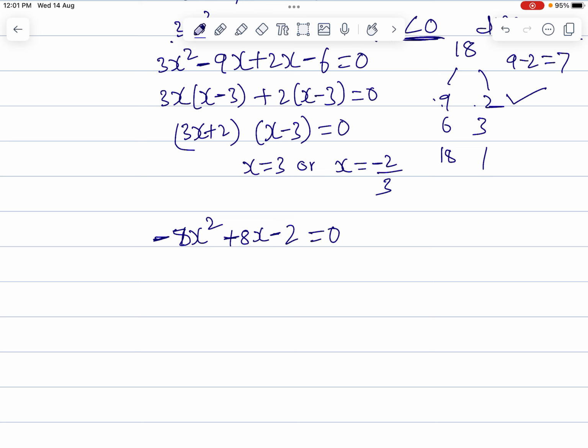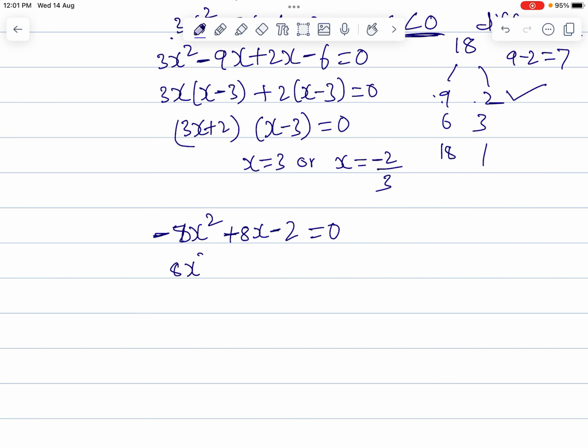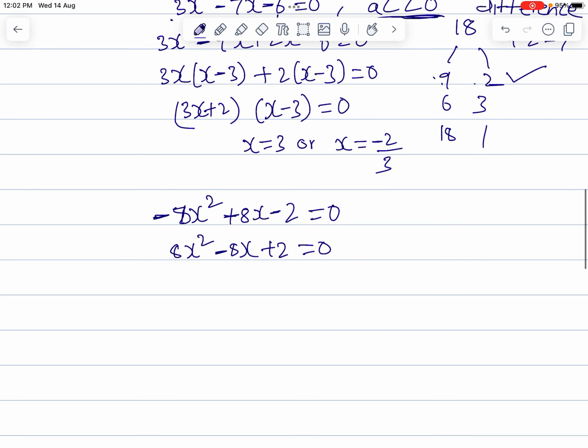We'll solve this problem. So first multiply the whole equation by negative. We are going to get 8x square minus 8x plus 2 is equal to 0. Now 8 2s are 16. Now c is greater than 0, so we should look for sum.